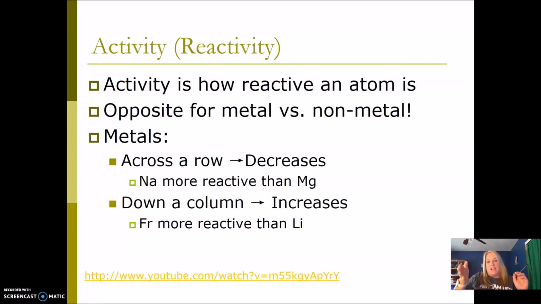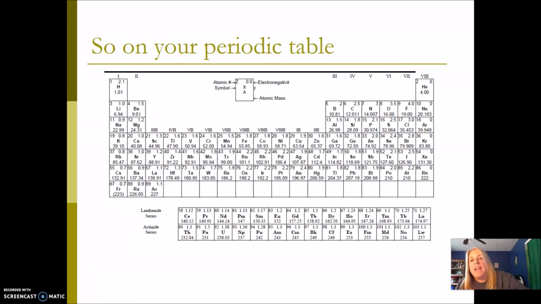As we go down a column and we get more electrons, because remember, electrons are what's involved in reactions, the reactivity also increases. The crazy thing is, at the very bottom of our periodic table, this corner right here, francium is super, super reactive. It's actually very, very difficult to find.